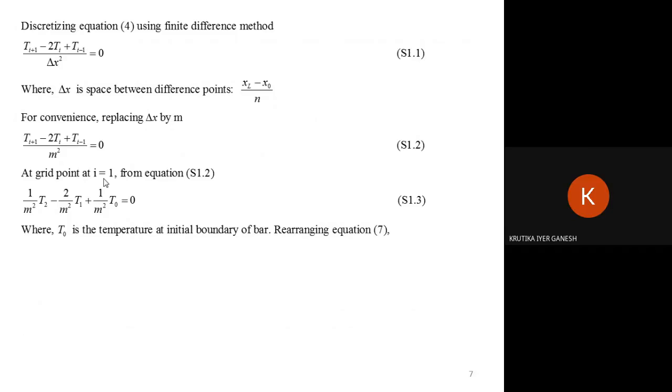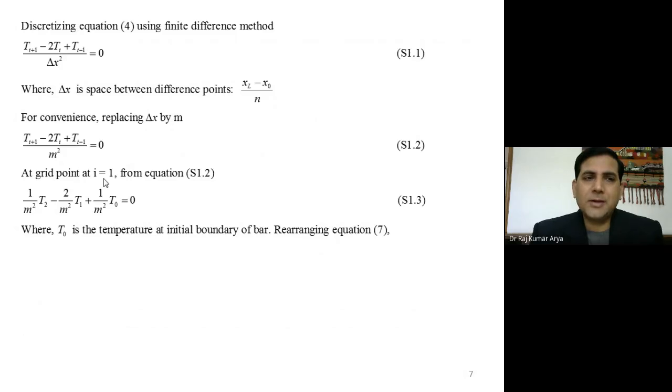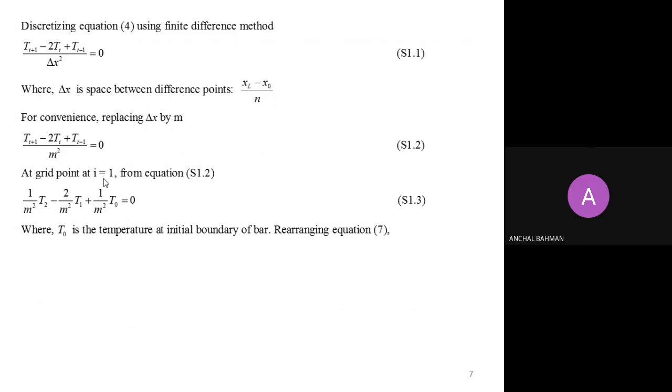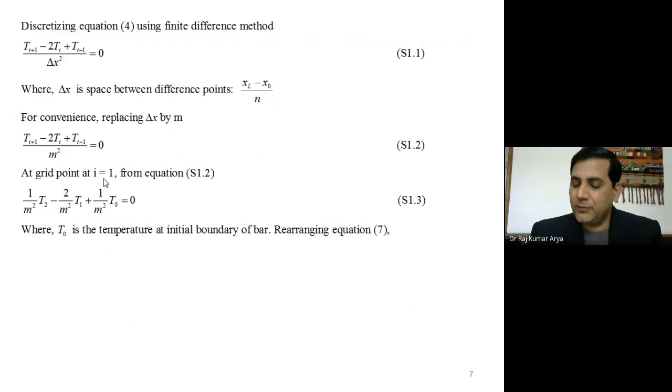So your first derivative would become f(x+h) minus f(x), divided by h. This is your first derivative.